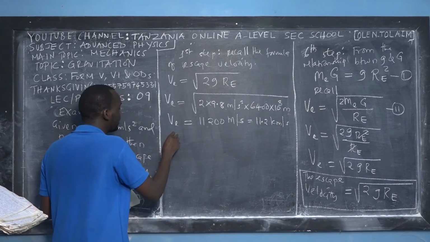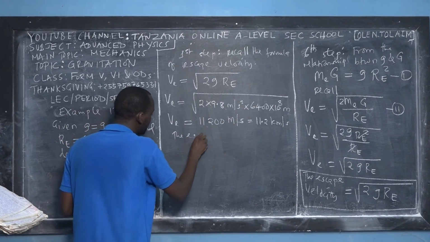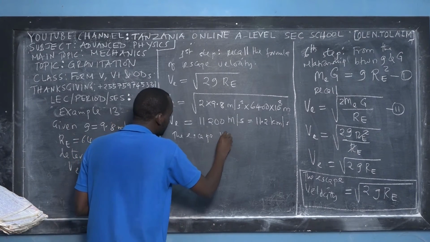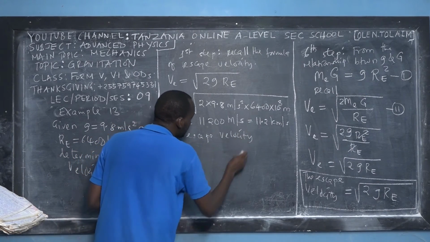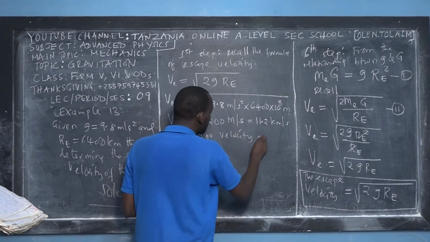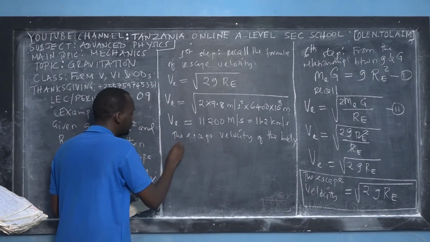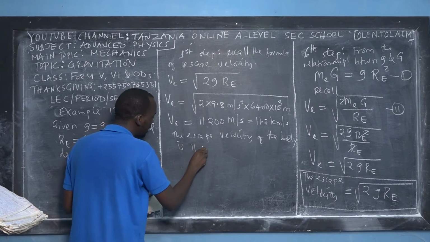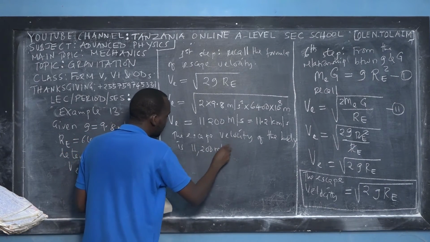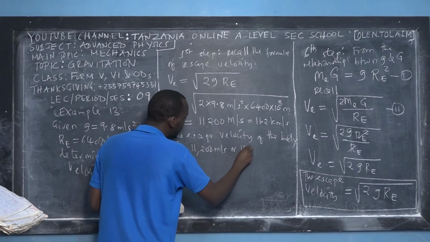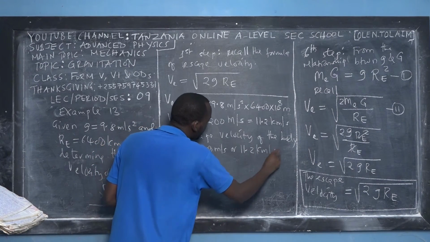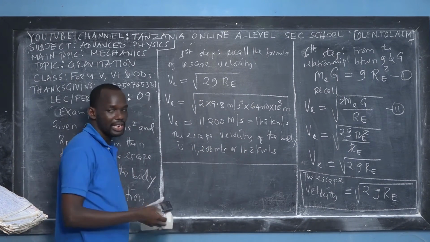So you say that the escape velocity of the body is 11,200 meter per second, or it is 11.2 kilometer per second. You are done.